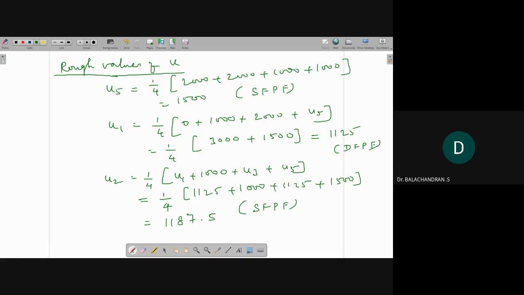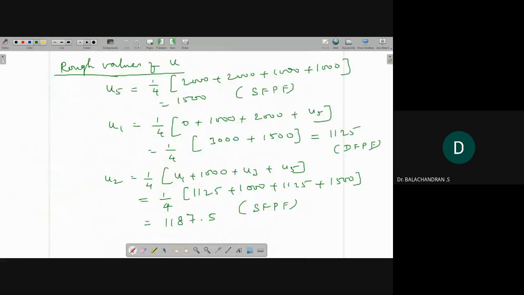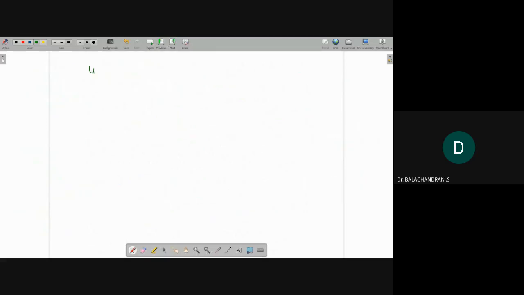Next, you need to find U4. Already we got U5. For U4, I am going to use not diagonals, the standard 5-point formula. For U4: 1 by 4 of 2,000 plus U1 plus U5 plus U7.